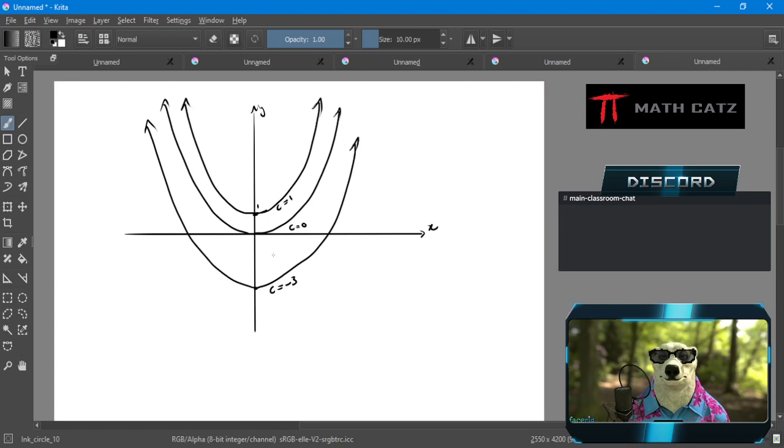Now, none of these graphs overlap. What you have to give me in the question is just a point, any point on the graph that you want, and that will then tell me, okay, it's not this one, it's not this one, it's specifically this one graph, this one function.